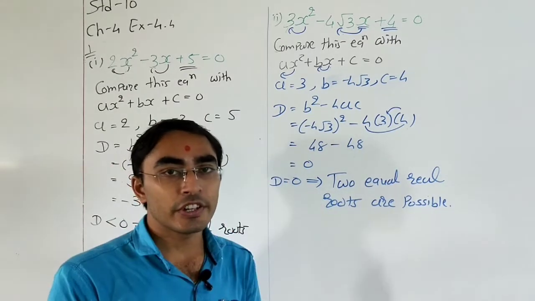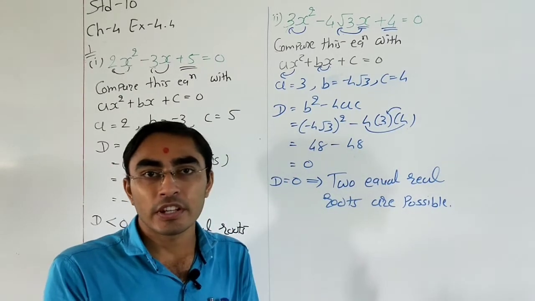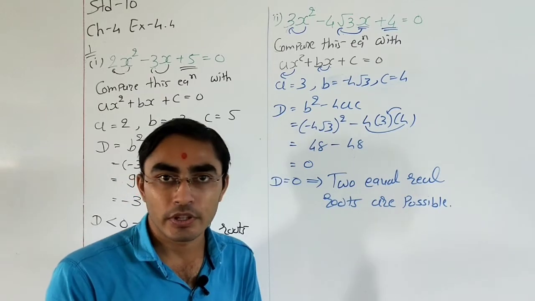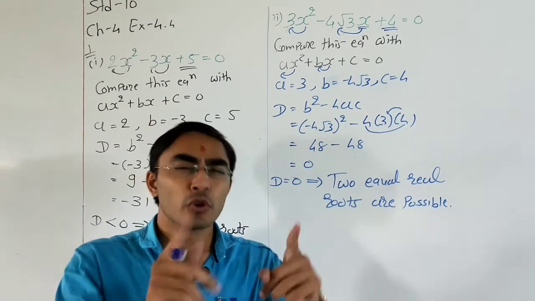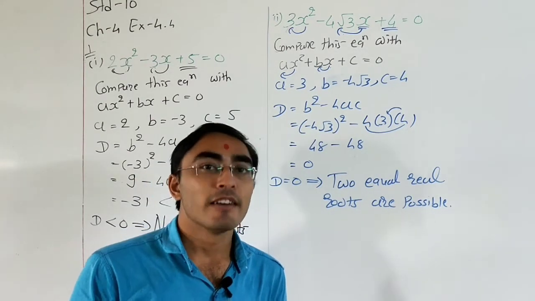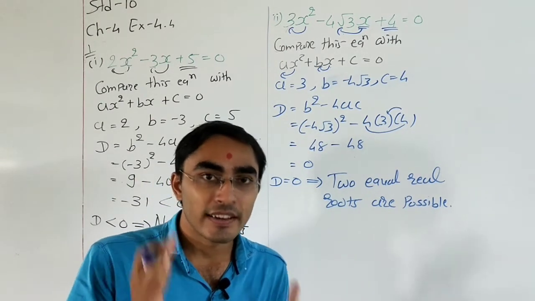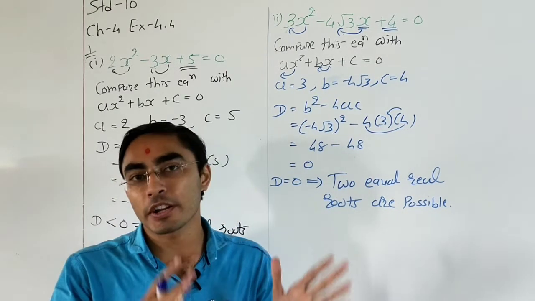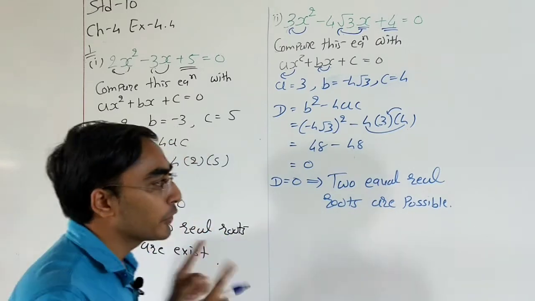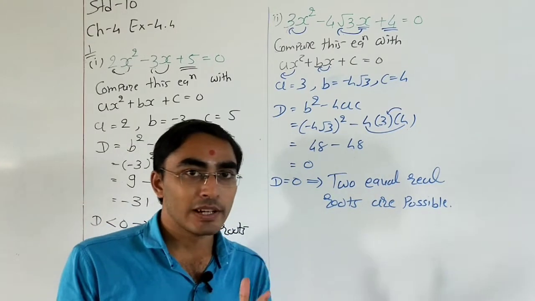So in the question it is written that if roots exist, then find the roots of the quadratic equation. So here we need to find the roots of the quadratic equation. Roots of a quadratic equation means the value of x, right? That value of x we can find from the quadratic formula.